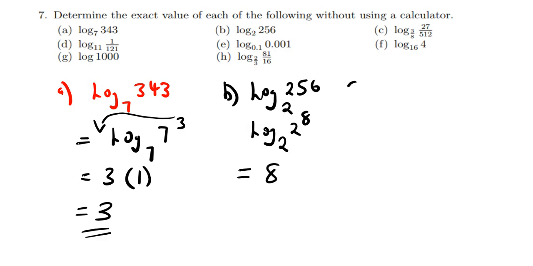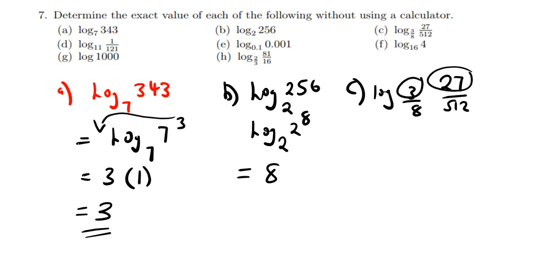When I come to see log of 3, we're saying log of 3 over 8, that is the base of 27 over 512. Now what are we going to do? You know that when you multiply 3 three times, it's going to give you a 27.